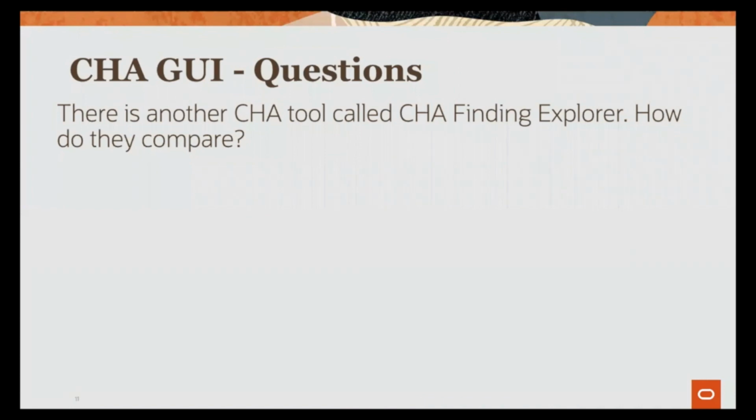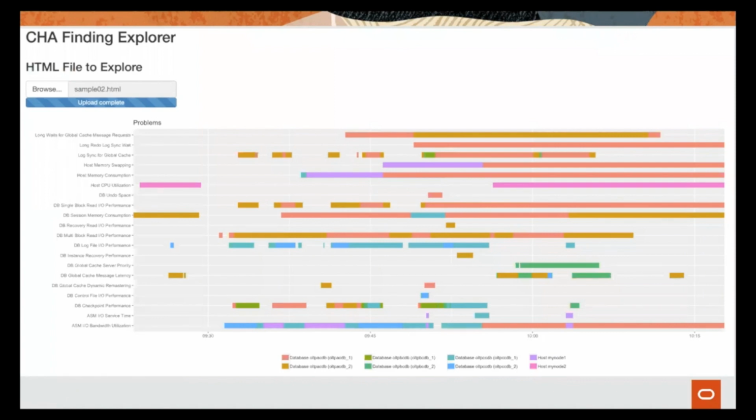I would use the CHA Finding Explorer as the first step to figure out, in, let's say, the last 24 hours, which are the hours that are highly interesting to look at. And then I would generate the MDB files for that time, and use CHA to do a deep dive, look at the signals, look at the decisions, and so on.